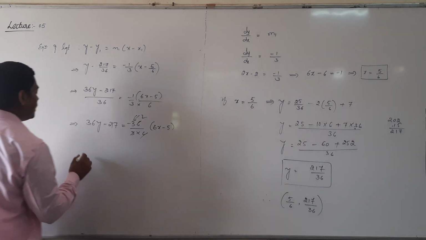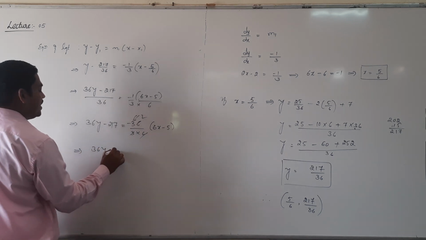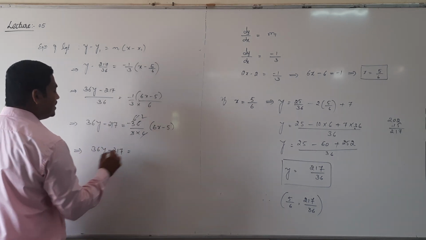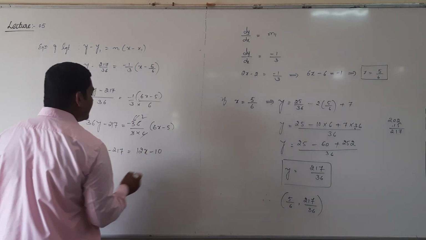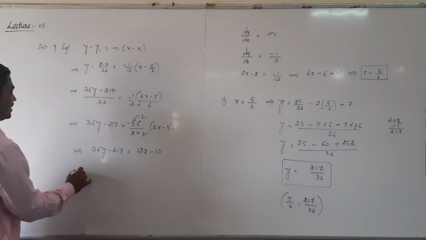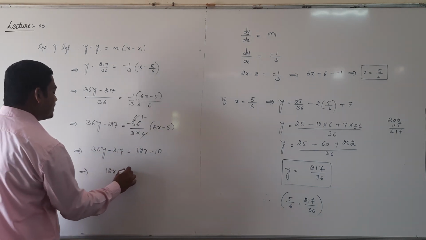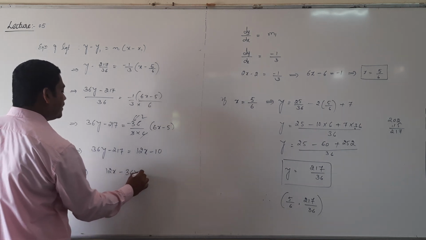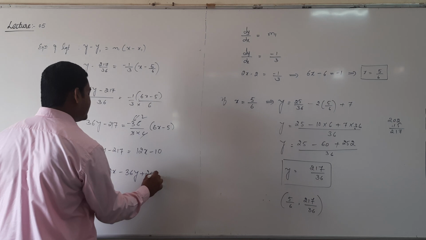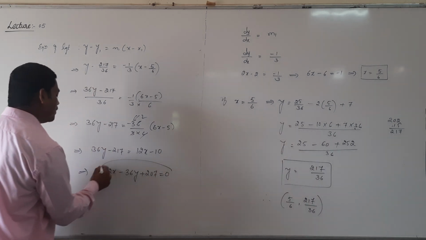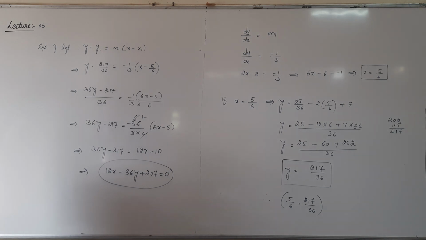It will be 2 only, means 36y minus 217 is equal to 12x minus 10 only. Send it to RHS: 12x minus 36y plus 207 is equal to 0. This is our required equation of the tangent line.